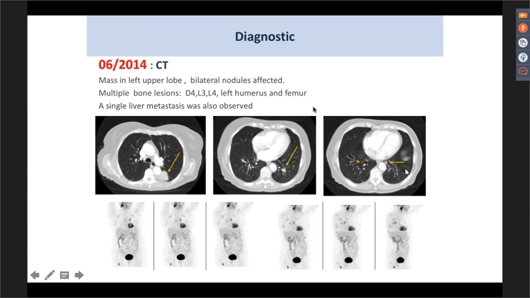Bilateral nodules affected, multiple bone lesions in D4, L3, L4, left humerus and femur affected, metastatic lesions, and also a single liver metastasis was observed. Here you can see the mass in the upper lobe and some nodules in both lungs.